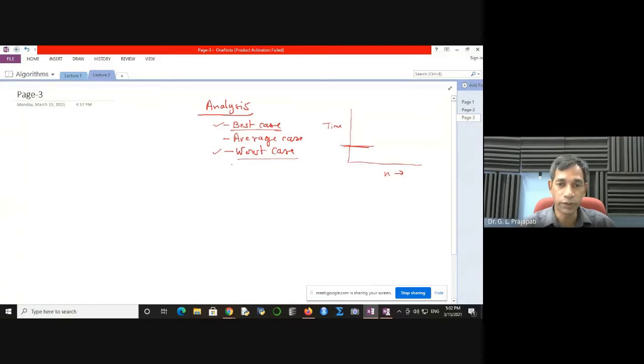If you go for the worst case, then you will say that my algorithm will take this much time in the worst case. Whenever you say this is the maximum time your algorithm requires, it means whatever input you supply, your algorithm will not run more than this time. If you have some worst case input, your algorithm may go up to this only, but it will not go beyond this.